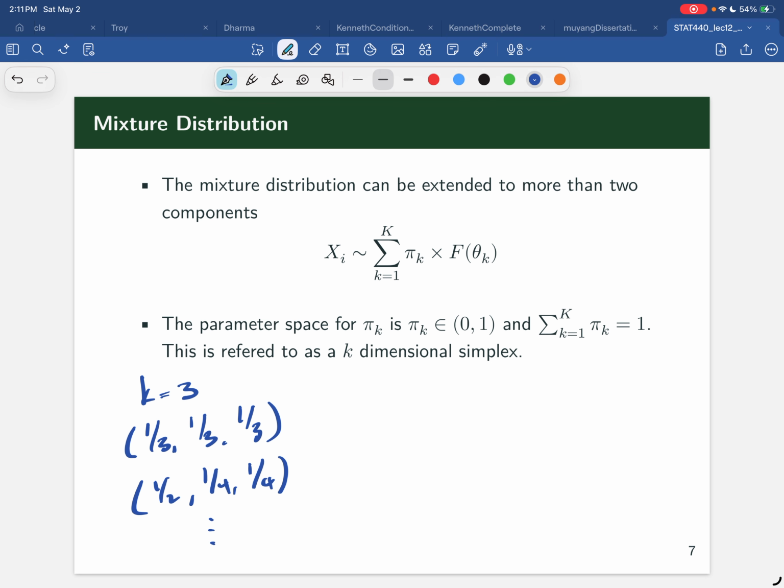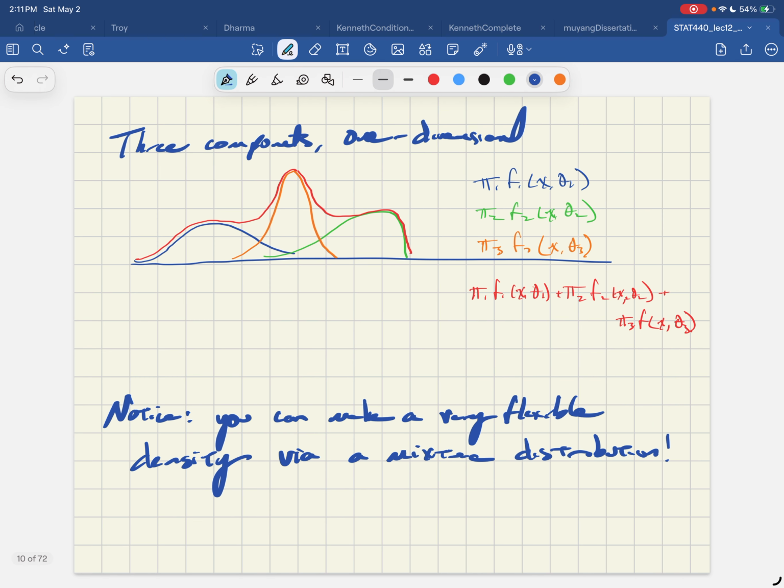Any 3 numbers, they have to, of course, be positive because they're probabilities, but any 3 numbers which sum to 1 would be on the k-dimensional simplex. So it's a pretty simple idea of what that would be. Of course, the point 1/2, 1/2, 1/4 would not be on our k-dimensional simplex. Okay, so this is just trying to illustrate that idea.